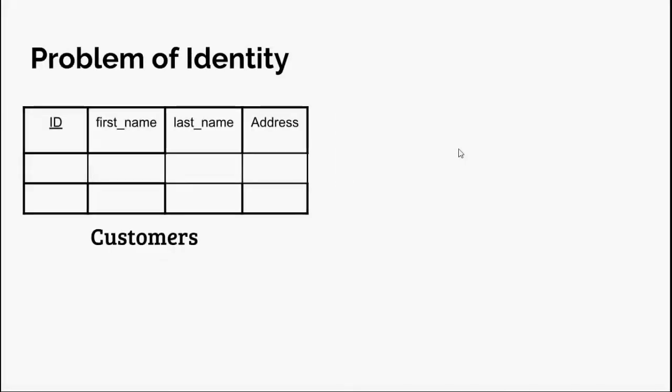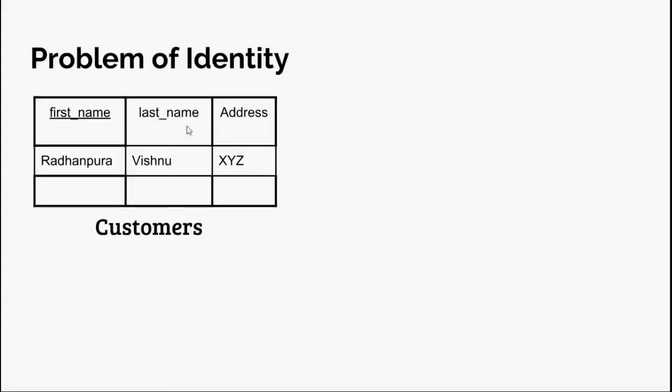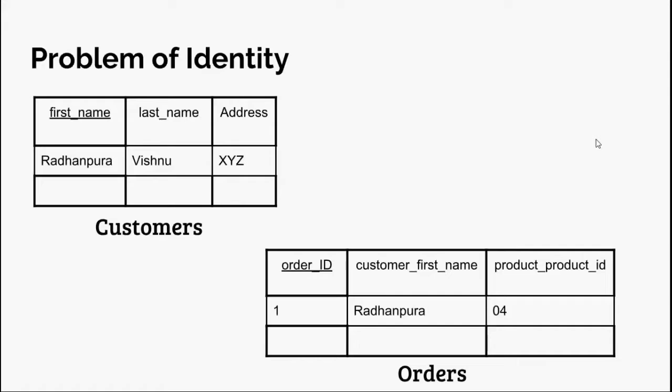Another thing in RDBMS, continuing with our earlier example: I have directly taken the ID column as primary key, but suppose we alter the table definition, remove the ID column and make first name the primary key. Let's take a scenario. Suppose I have mistakenly written my first name in the last name column and my last name in the first name column of the customers table. And suppose there is a table known as orders used to store all the details of customers' orders.